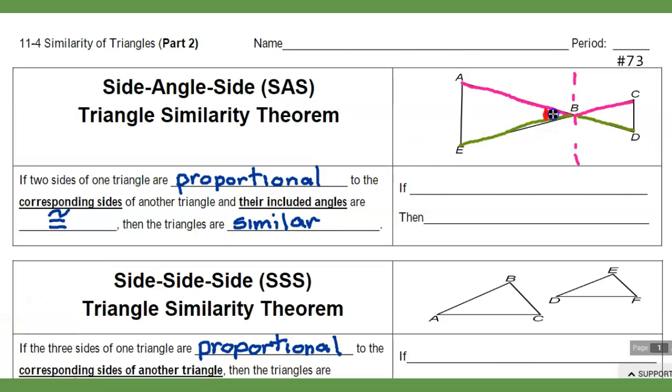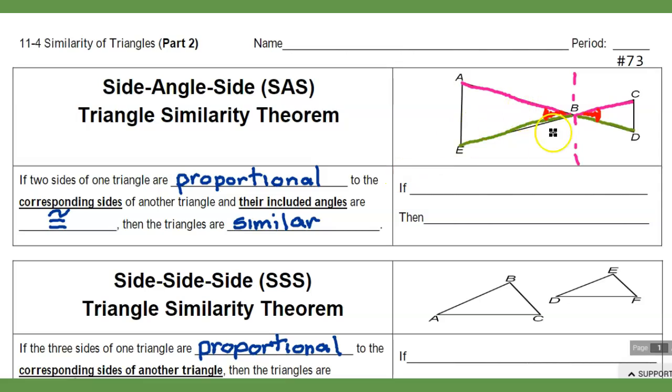So it's the angle that's between the two sides that you're using. So if I pick this pink and green lines, B is the only angle that's included with both. So A does not touch the green, E does not touch the pink, so those would not work. It can't just be any angle. It has to be in that particular order, a side, an angle, and a side. Okay, so that's still true here.